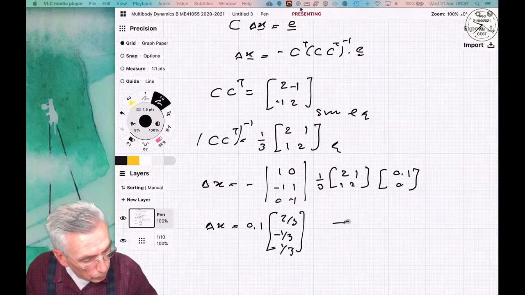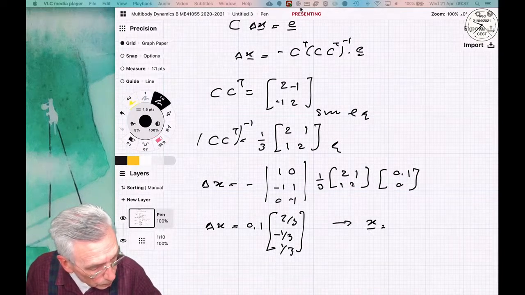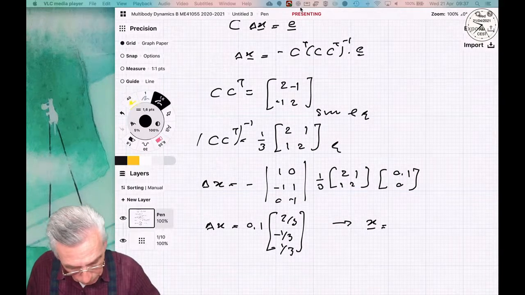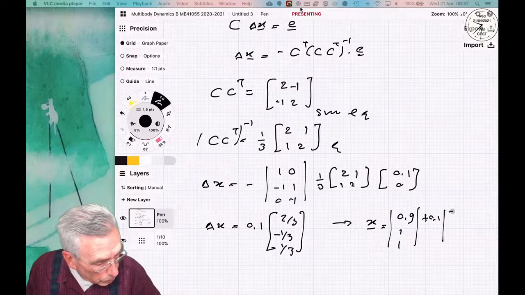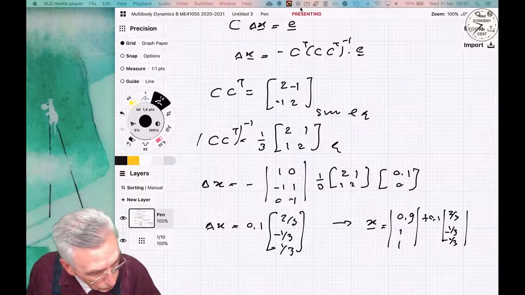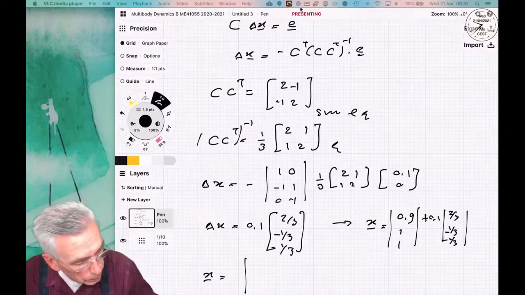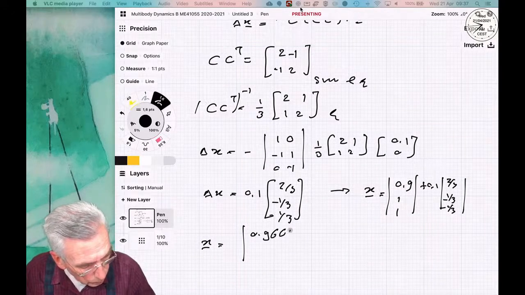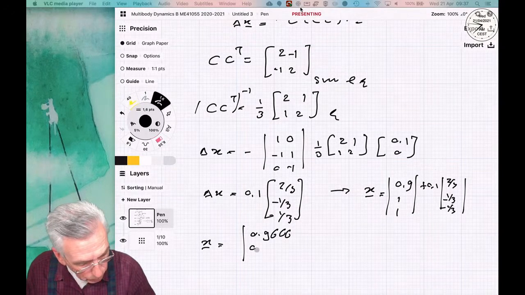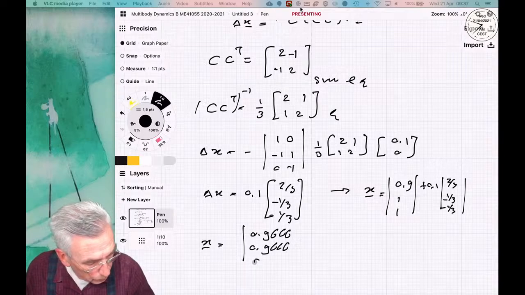And lo and behold, if we now calculate the new position, that is going to be our 0.9, 1, 1 plus the 0.1 times 2/3, minus 1/3, minus 1/3, and that equals 0.9, and then there's a lot of 6's, of course, because they should be all the same, right?